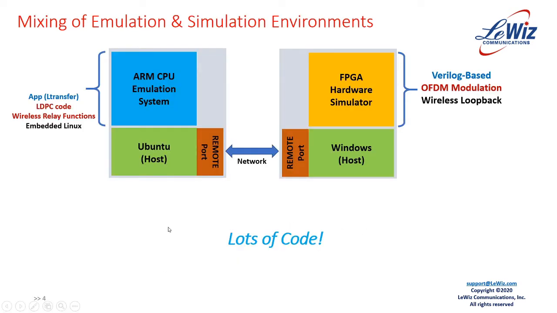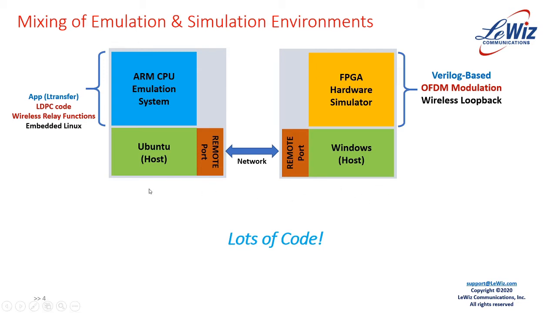The way we do this demo is we constructed it with two separate systems rather than one, because the system just grew with a lot of code. On the left-hand side here, you see an Ubuntu system, Linux, which runs an emulation system, and we implement a concept called a remote port that goes over to another remote port. On the right-hand side is a Windows-based system that runs a simulator.